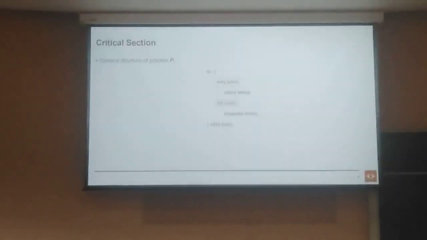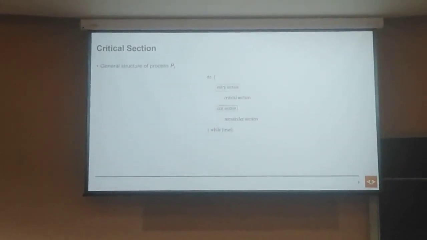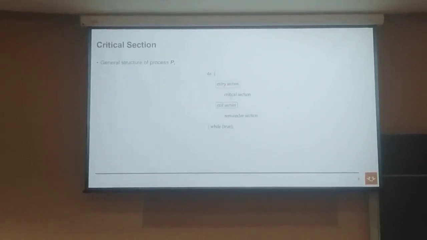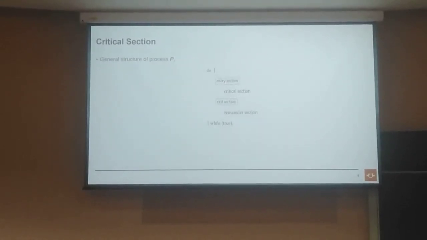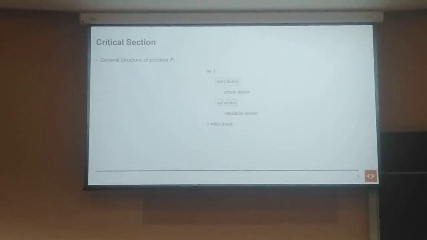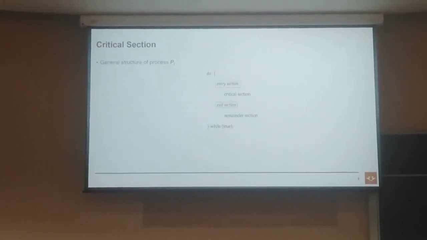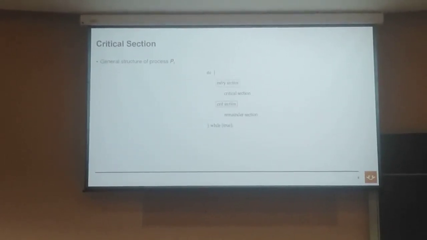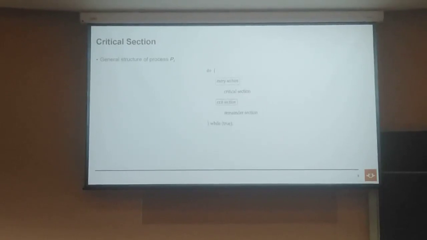Then we've got the critical section itself, which is this section here in the middle. And once your process has finished the critical section, it goes to an exit section. The exit section is also important because it can sometimes wake up other processes that might be stuck in their entry section. So the exit section and the entry section work together.